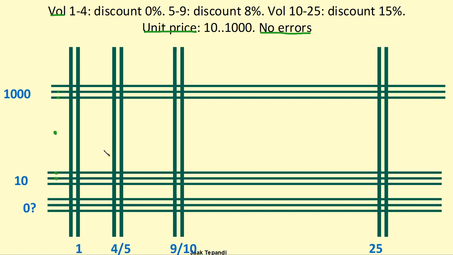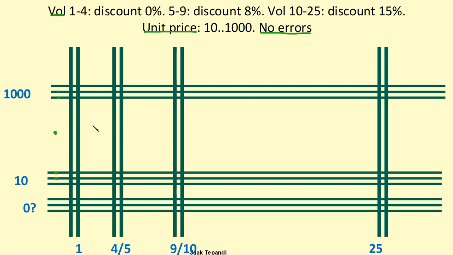If we would consider errors, then we would have also boundaries more than 1000, less than 10. Perhaps we should distinguish negative values because they may be processed in different ways. But for this case, when I do not consider errors, we have just 5 equivalence classes.